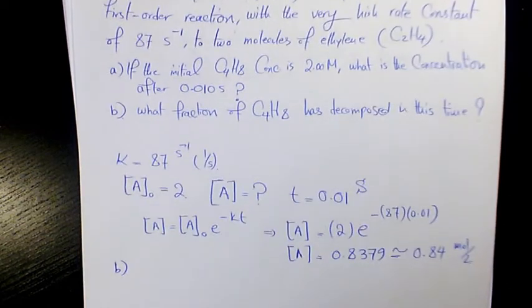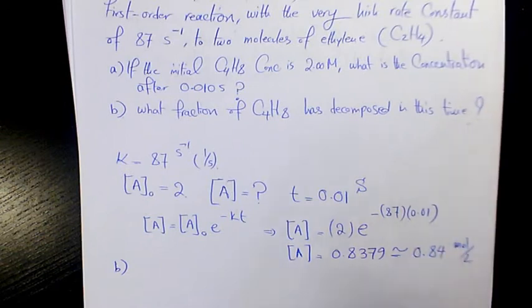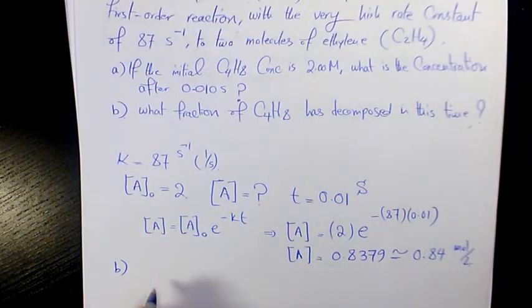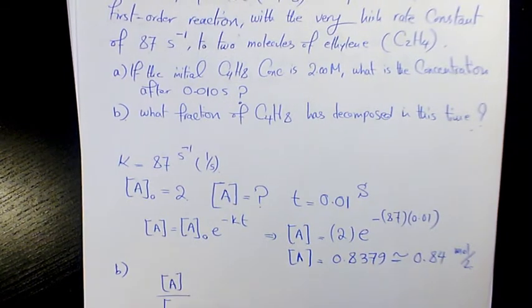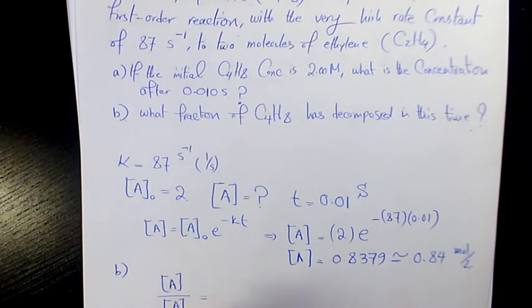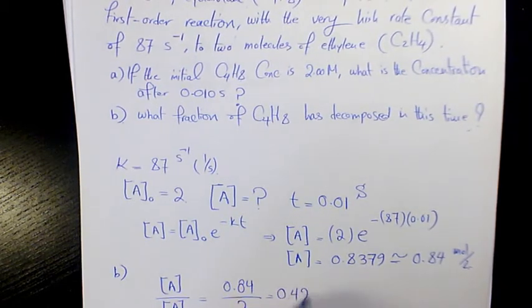In part B, it says what fraction of C4H8 has decomposed in this time? What fraction? It means that A divided by A naught is going to be 0.84 divided by 2. It's going to be almost 0.42.